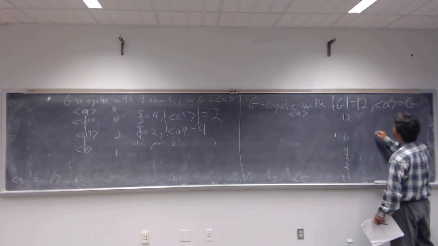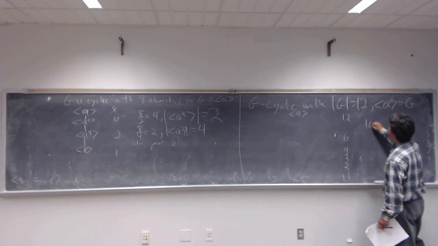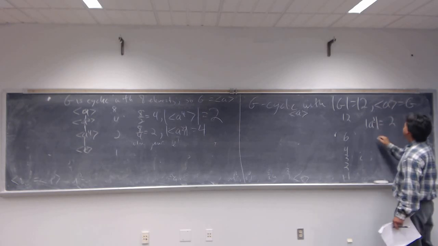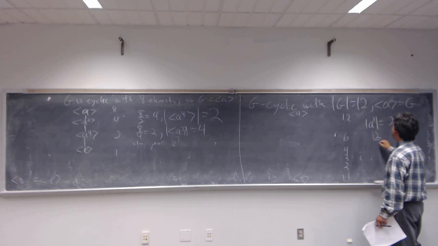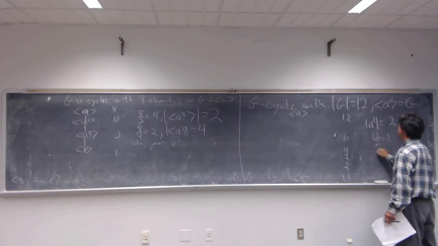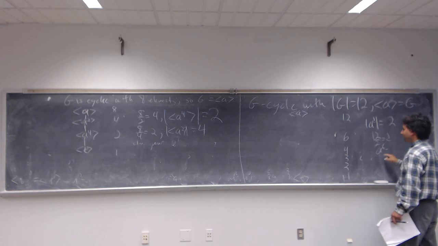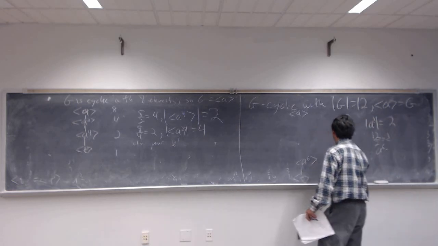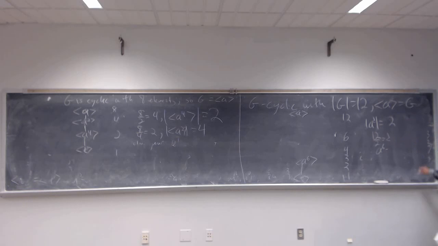What about an order of 2? What element has order 2? If A to the D would have order 2, that would mean 12 divided by 2 is D, so it would be A to the 6th. So we have A to the 6th. Then what about an element of order 3? 12 divided by 3 is 4, so A to the 4th would give us our second subgroup.